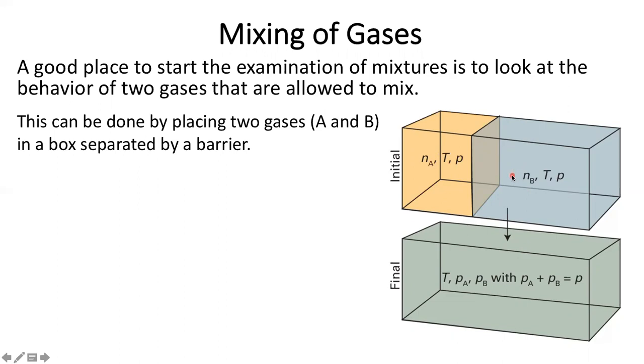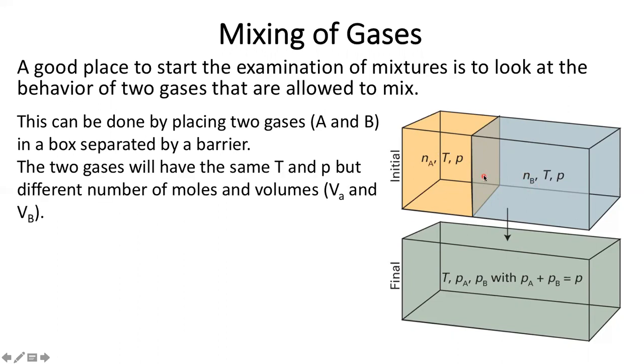Each one is allowed to come into thermal equilibrium, and I allow this barrier to be movable so that they also have identical pressures. However, I'm not going to guarantee that they have the same number of moles of species. So I may have more A or more B, just like I will with any sort of mixture.